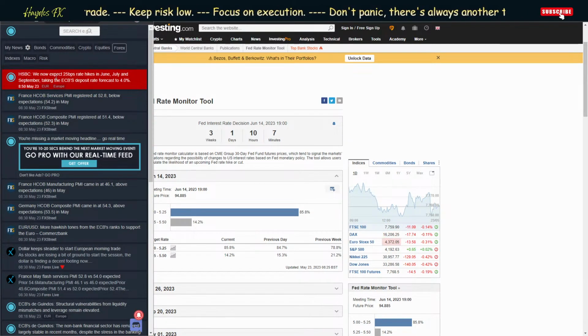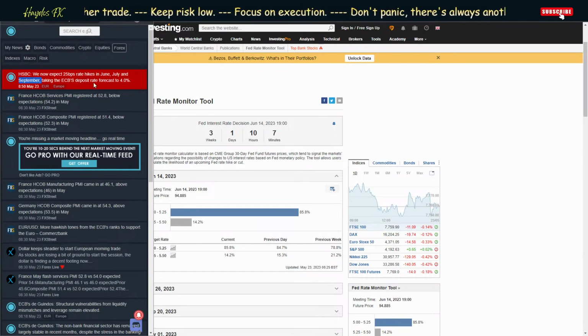Okay, we've got some news. So forecasting 3 rate hikes, June, July, and September. So what do you think that's going to mean?